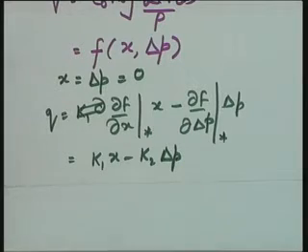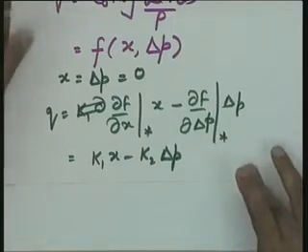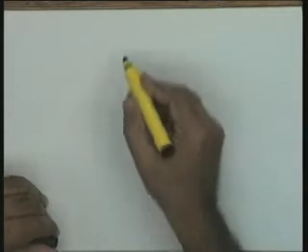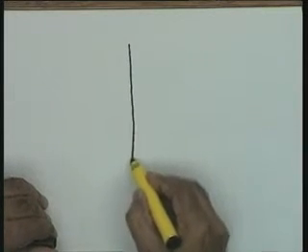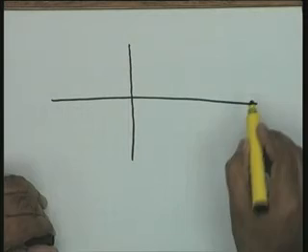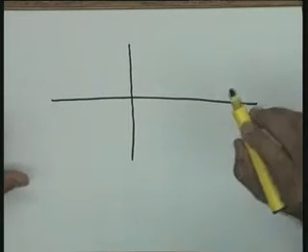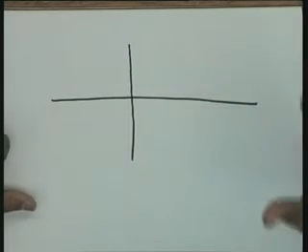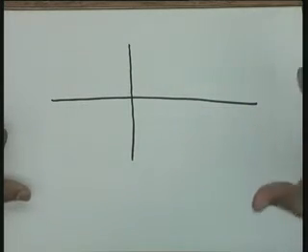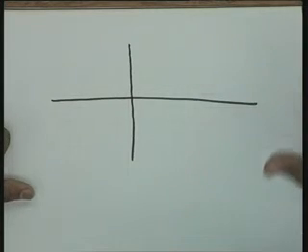Okay? The only thing is how to get the values of K1 and K2. Actually, in these hydraulic devices, normally we go for experimental results to get the values of K1 and K2. If you see the manufacturer's catalog, you will find that experimentally obtained characteristics of these devices are given by the manufacturer.